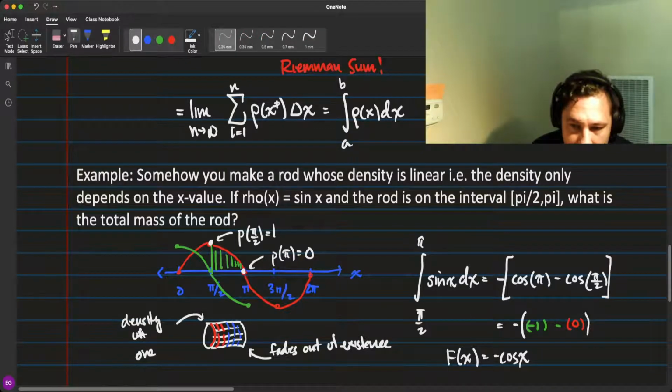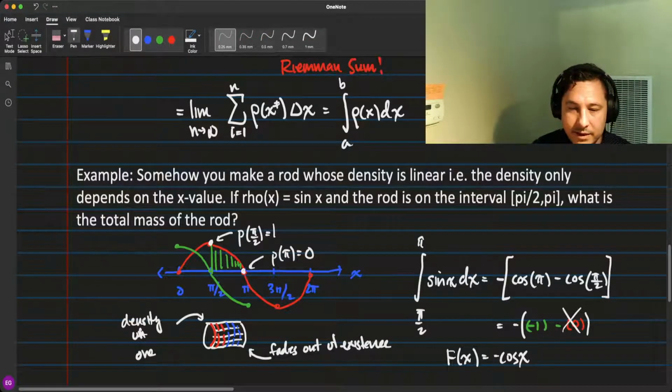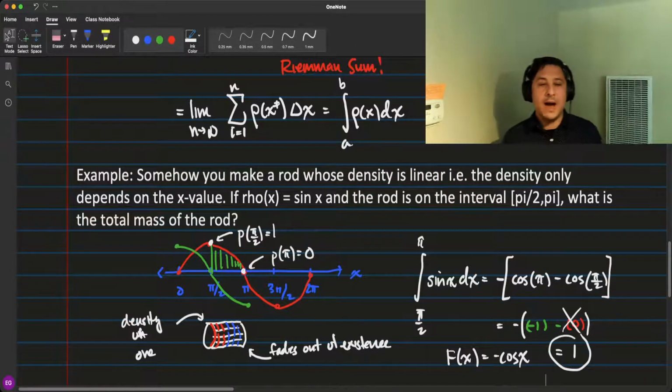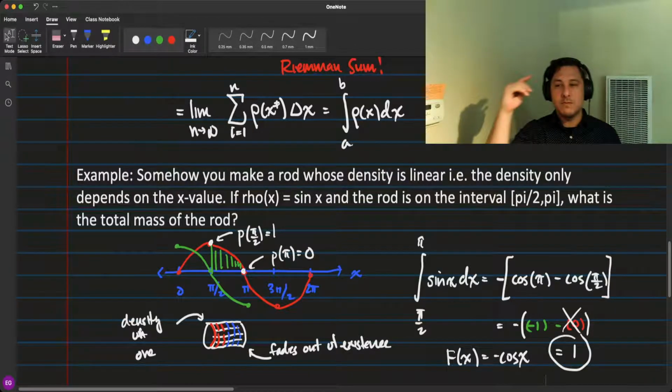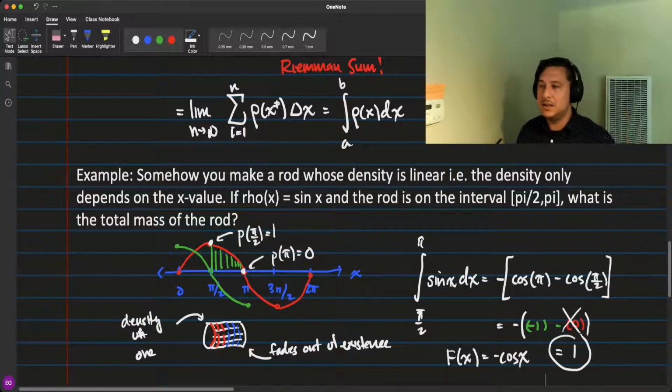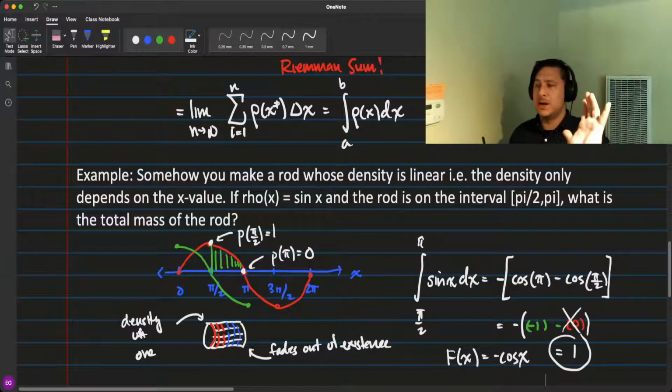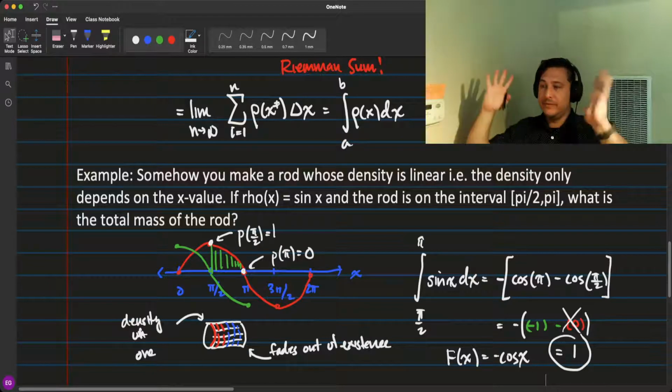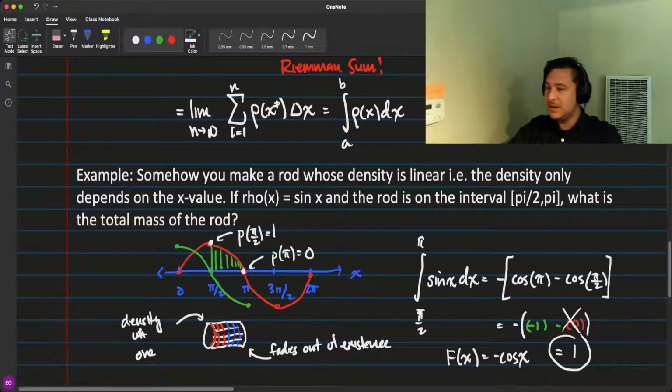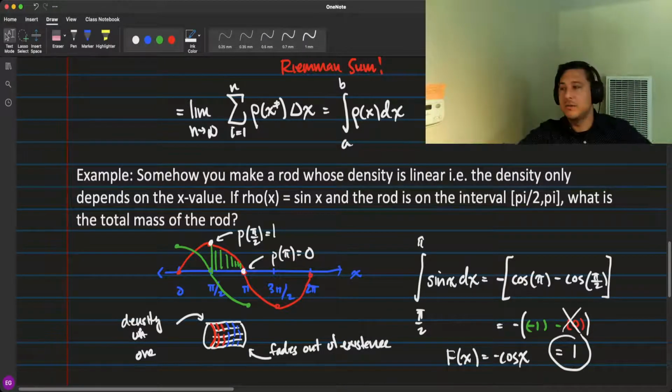And so the 0 obviously goes away, and negative of -1 is +1. So how much mass are you going to need to create whatever this rod is? 1 unit of whatever mass you're dealing with. So let's say you have some manufacturing process that makes this rod. That's how much stuff you need to input into it.